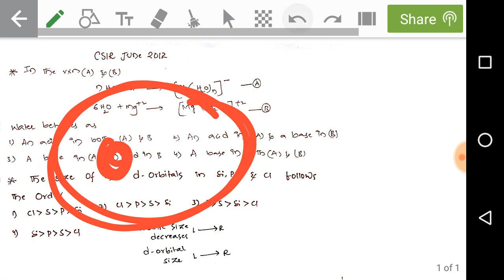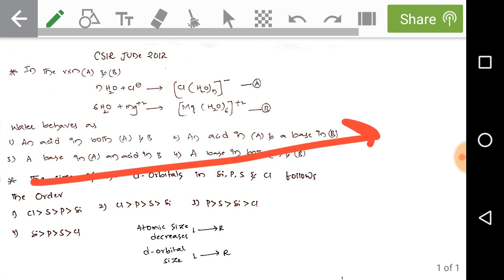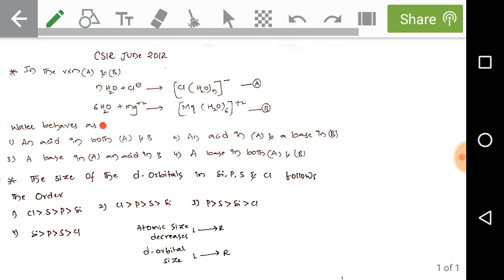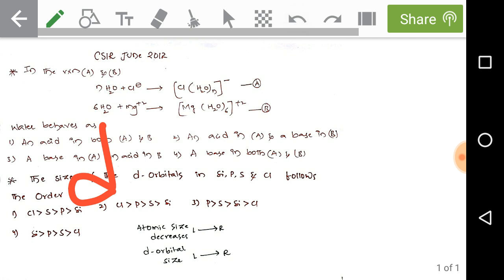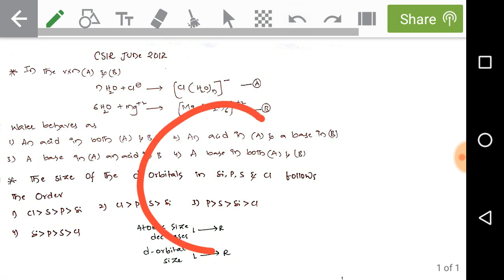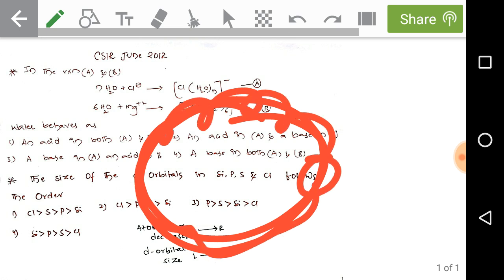But if you look at the d orbital size from left to right, the size of the d orbitals increases. Just keep this point in your mind. And why does the d orbital size increase? Because as we move from left to right in the periodic table, the d electrons go from 1, 2, 3 up to 10. Whenever electrons increase from 1 to 10 in the d orbitals, electronic repulsions are also possible in the d orbitals.